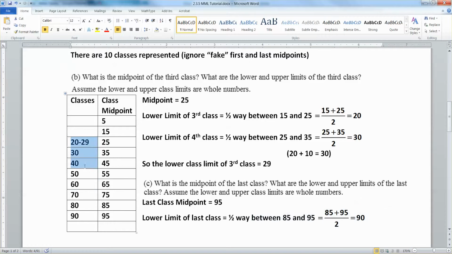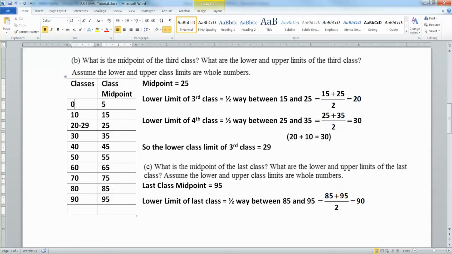Right? So you can either find that by adding on the class width, if you will. So adding on 10, adding on 10, adding on 10, just like we could have done here to get from 20 to 30. You can just add on 10, which by the way means that this must be 10 and this must be 0. Right?